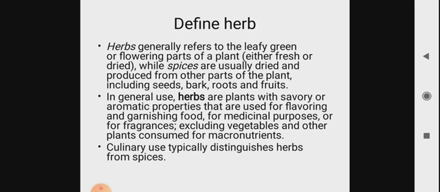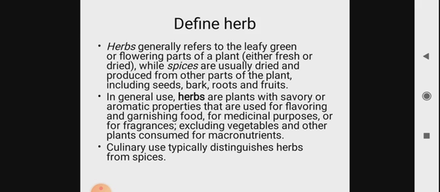In general use, herbs are plants with savory or aromatic properties that are used for flavoring and garnishing food, for medicinal purposes, or for fragrances, excluding vegetables and other plants consumed for macronutrients.